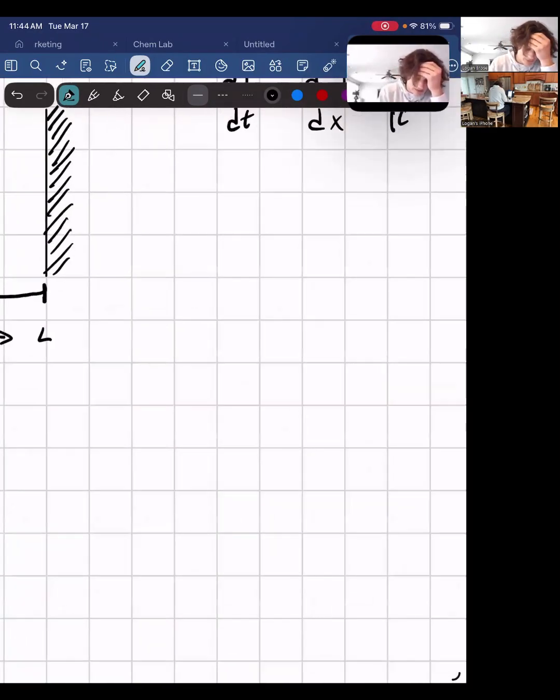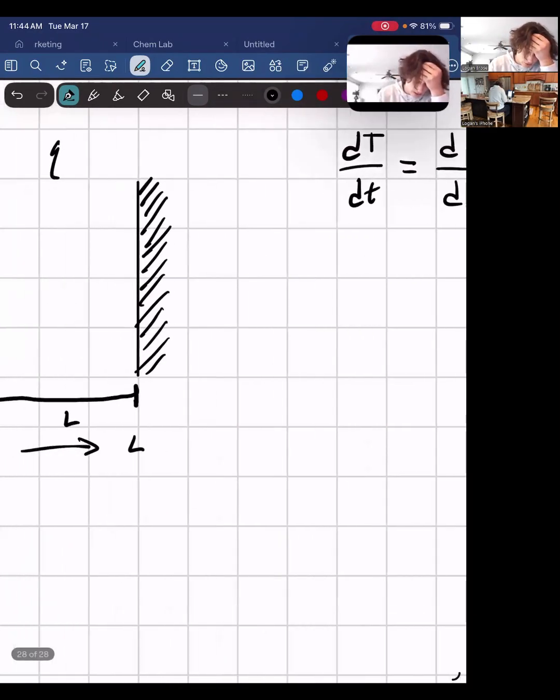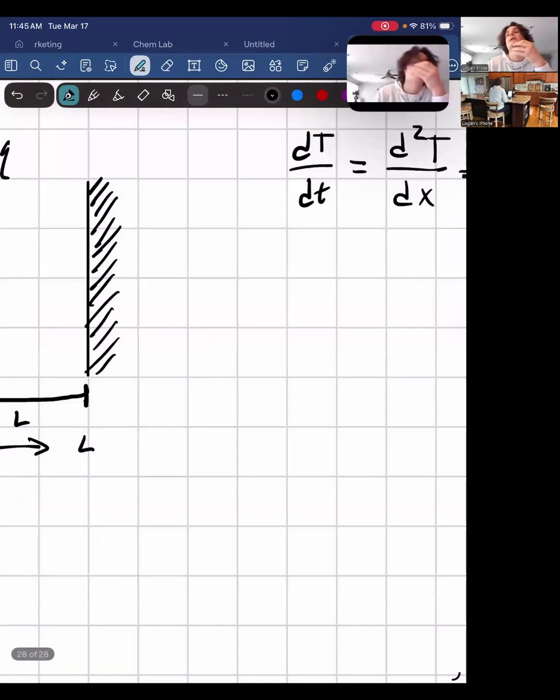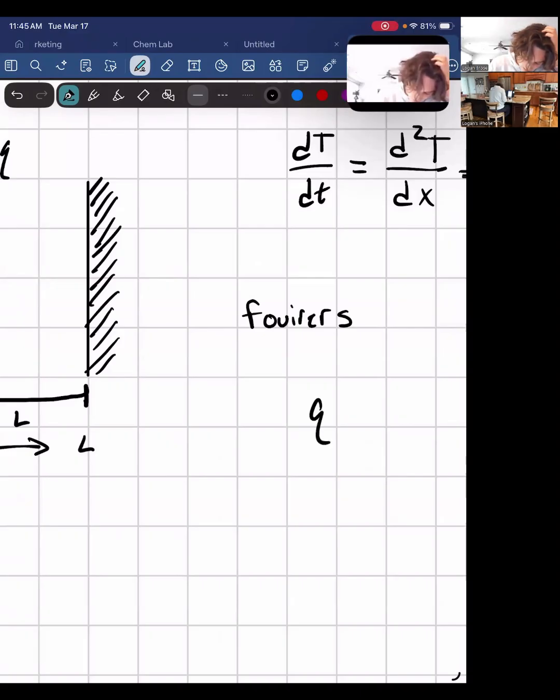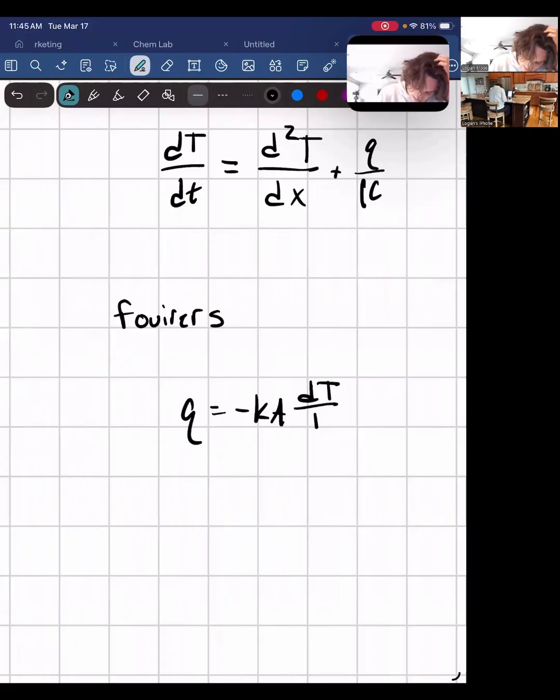And then from there, we're going to relate this to Fourier's law. I know, surprising, but Fourier's law, right? We have our Q equals minus KA dT/dx, right?